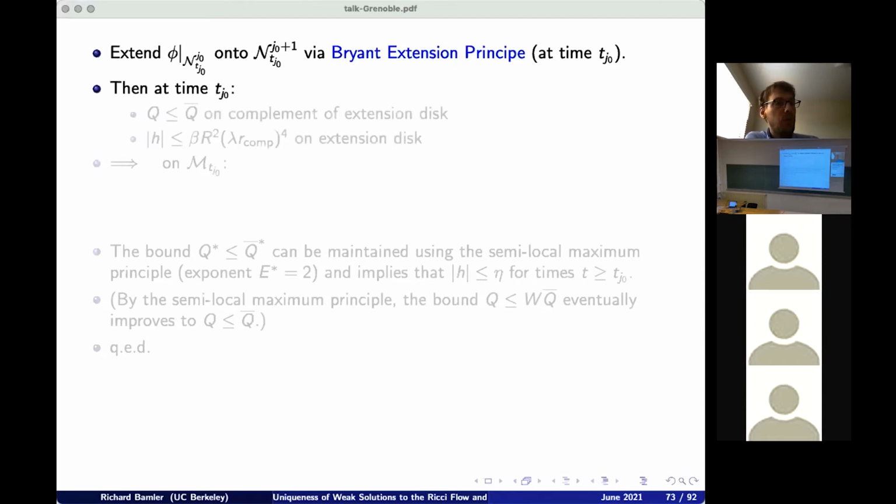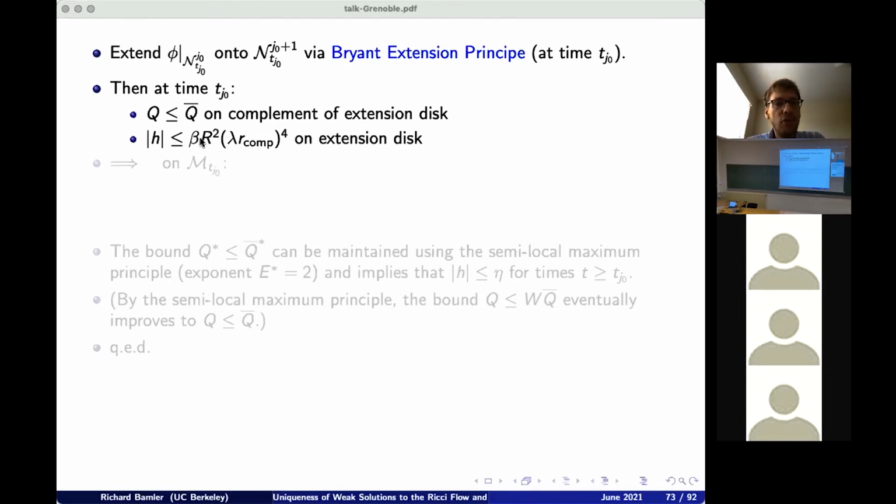Okay, so what do we get when we do this? Well, first of all, Q is going to remain bounded by Q bar on the complement of the extension disk, because we haven't done anything to phi on this extension disk. And on the extension disk, we have some bound of this form where H is bounded by beta. Beta just gets small enough as long as we make this extension disk large enough.